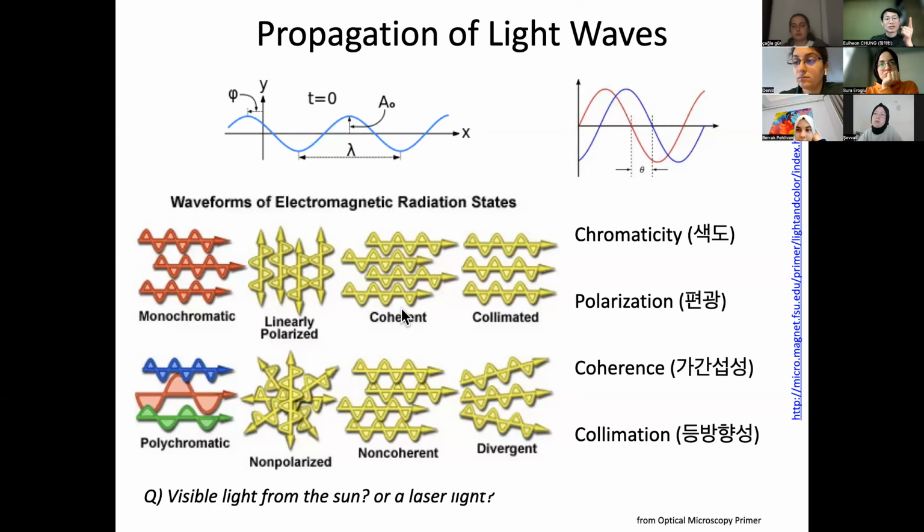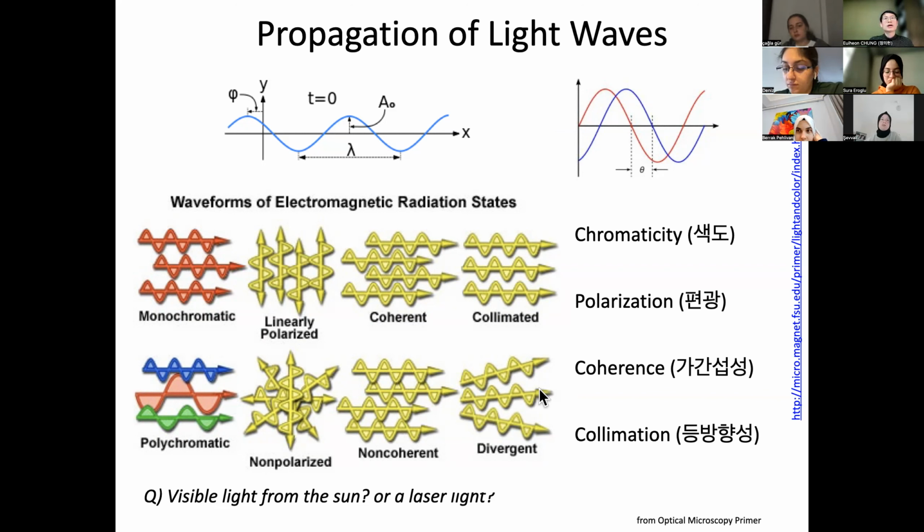That's coherent light. And when the light is coherent, we can make it collimated, meaning we can make really parallel light, like you can imagine a laser beam. While many other lights are incoherent, and those are hard to make go very far as a beam.